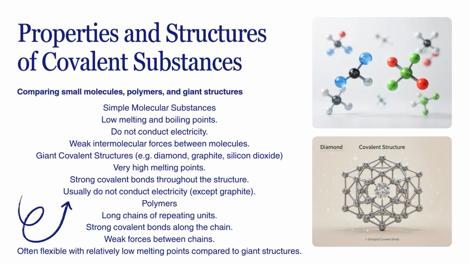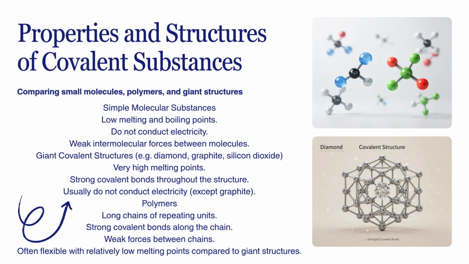Diamond is extremely hard because every carbon atom forms 4 strong covalent bonds in a rigid 3D structure. Graphite is different because each carbon bonds to 3 others, forming layers. Those layers can slide over each other, which is why graphite is soft. It also conducts electricity because it has delocalized electrons that can move.